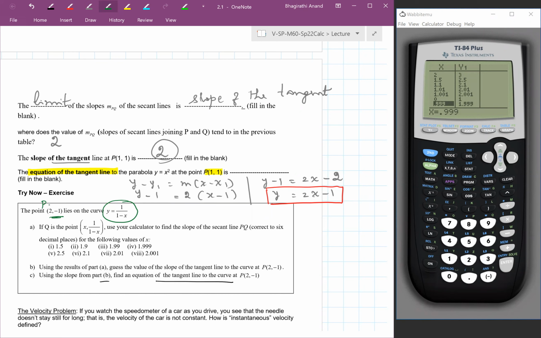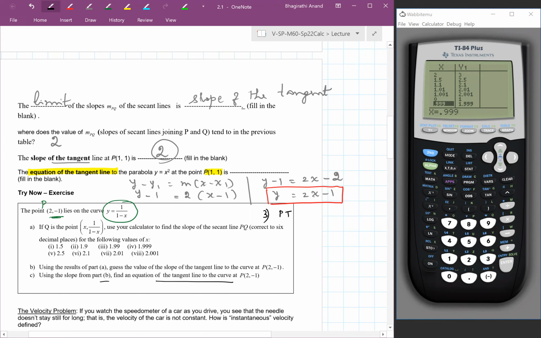This problem is on the practice exam, on the practice test, and also it is in the exercises, problem number 3, so you might find it in the homework too. The point P(2, -1) lies on the curve y equals 1 over 1 minus x.